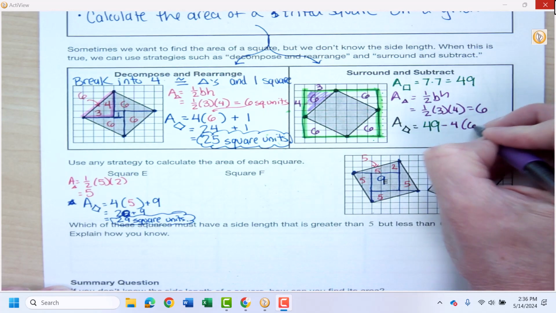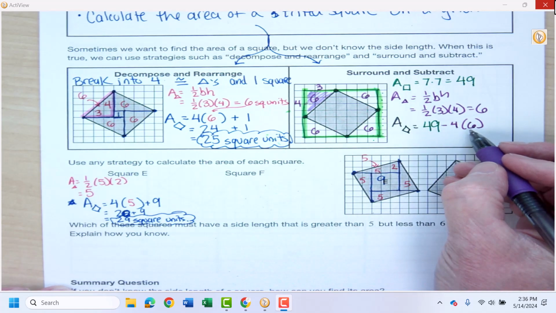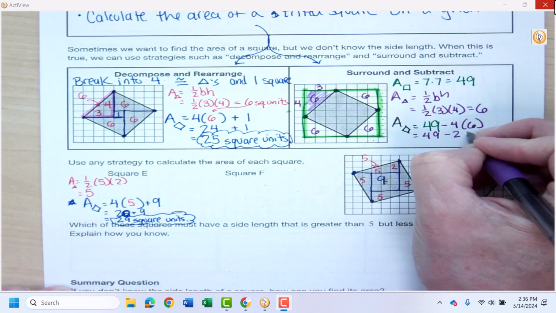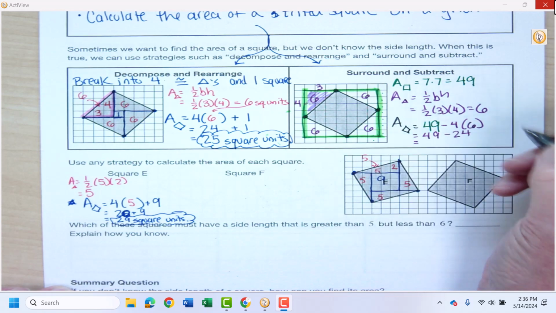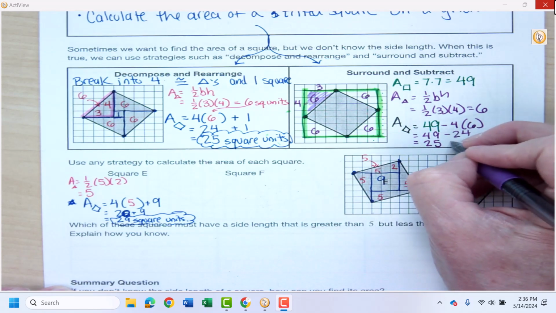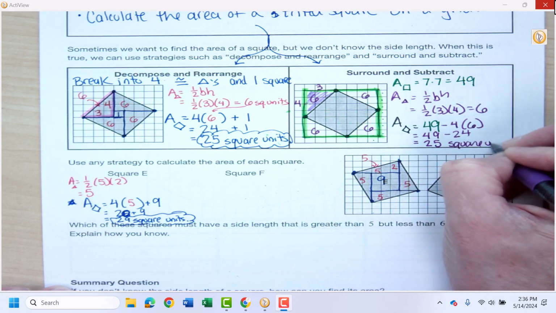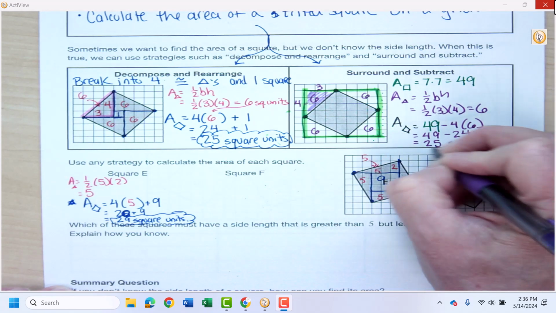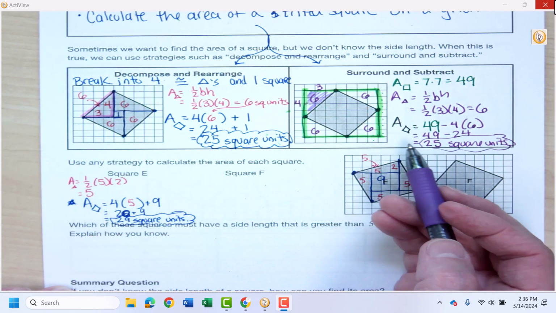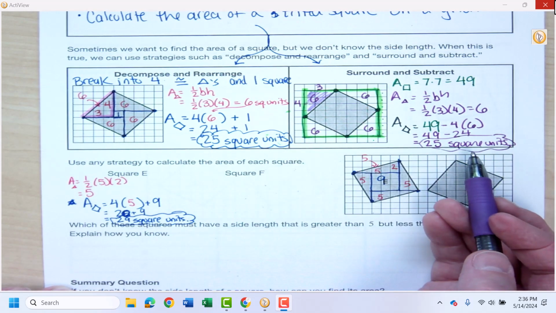Each one of them was 6 square units. So 49 minus 24, oh my gosh, ends up being 25. And you'll remember it's the same square that we did with this technique. We just approached it a different way. So they are the same answer.